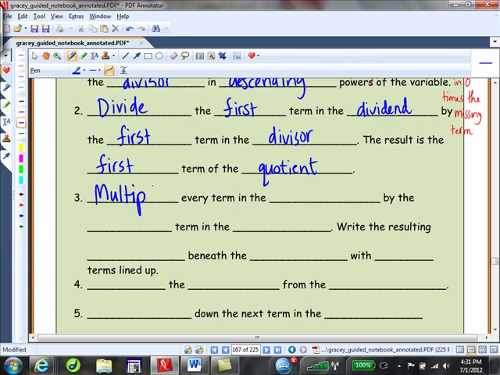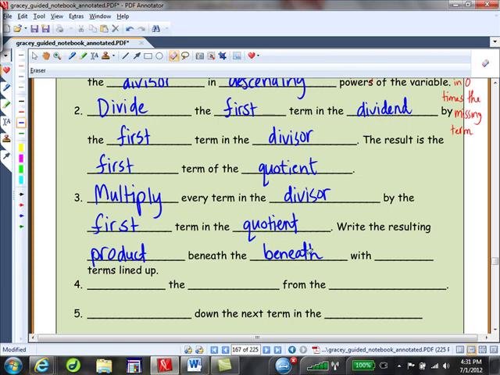So multiply every term in the divisor by the first term in the quotient, write the resulting product beneath the dividend with like terms lined up.